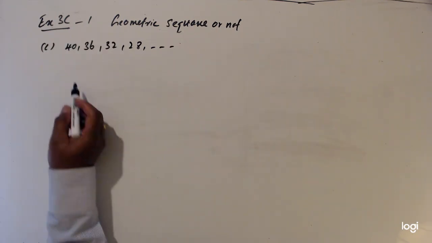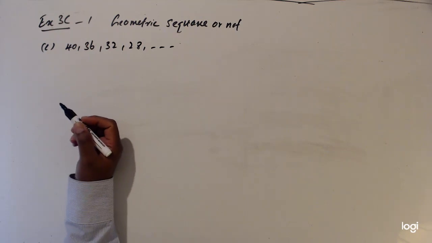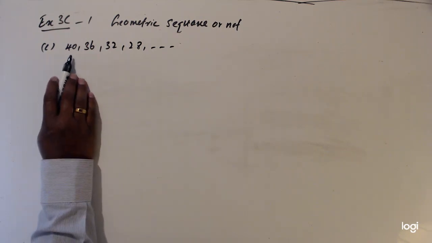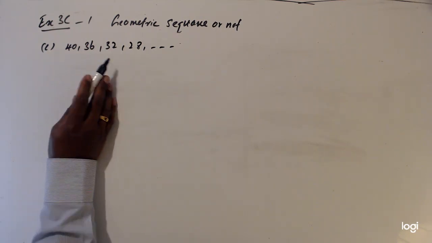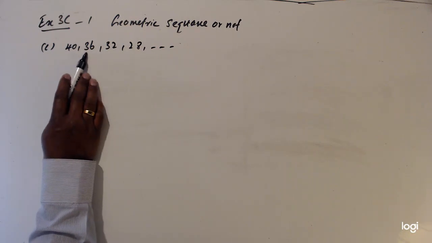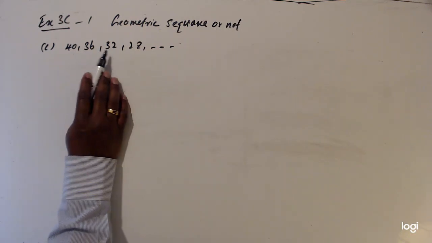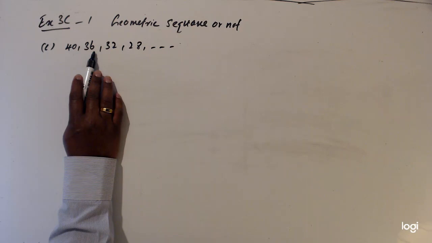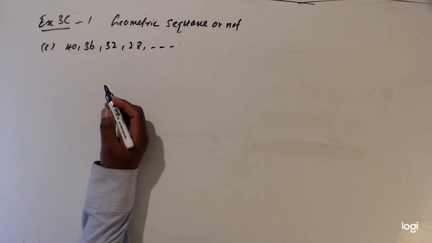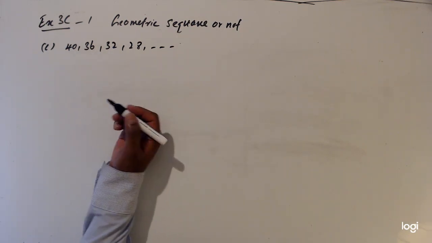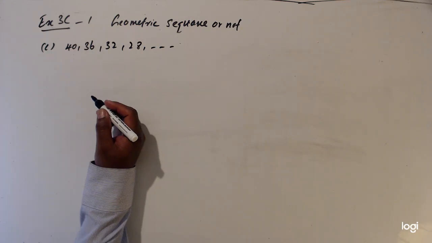Part C, this is 40, 36, 32, 28. You can see this is reducing by 4 by 4. 40 minus 4 is 36, 36 minus 4 is 32. So this is an arithmetic sequence, basically not a geometric sequence, but we have to show this.